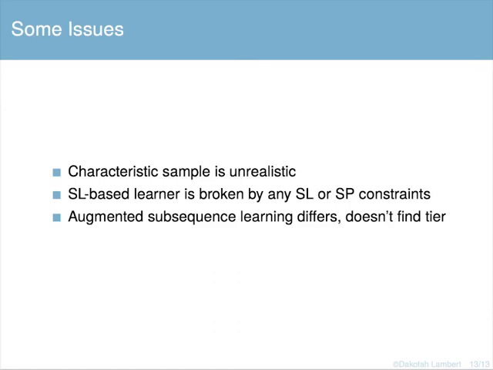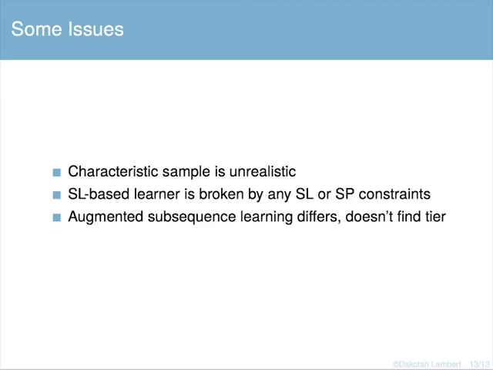So I refer to this as the SL-based learner, because it's just a reinterpretation of an SL k+1 grammar as a TSL k grammar. But this SL-based learner is broken by basically any other SL constraints or SP constraints that interact with it, because those other constraints will adjust the free insertability or free deletability of things, causing certain symbols to appear salient when they shouldn't.